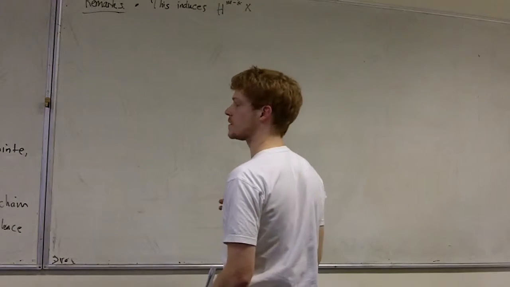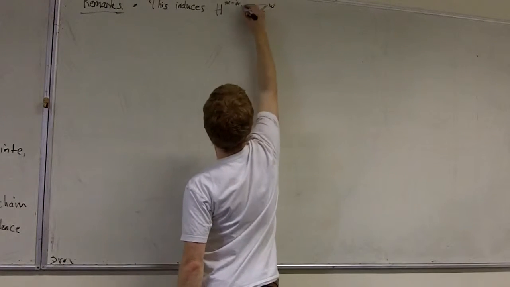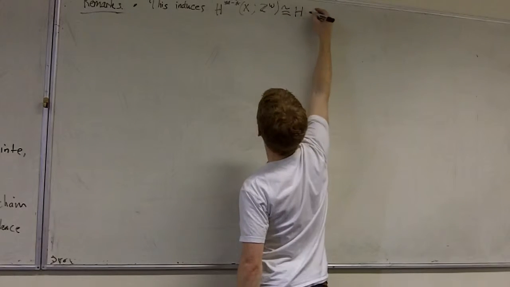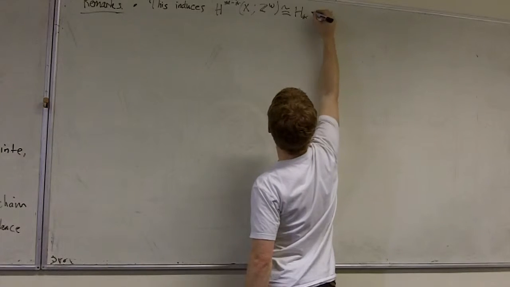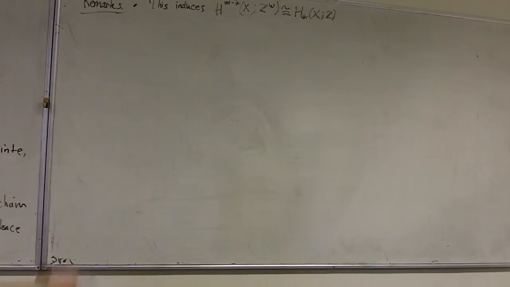If we start off with twisted coefficients, it gives an isomorphism to the untwisted case, and vice versa.